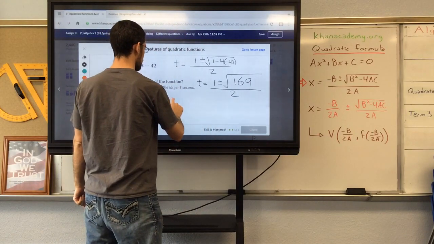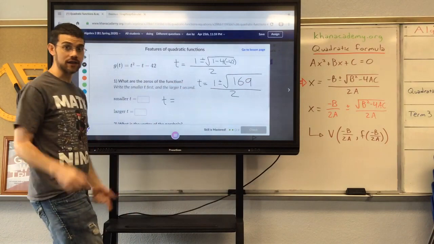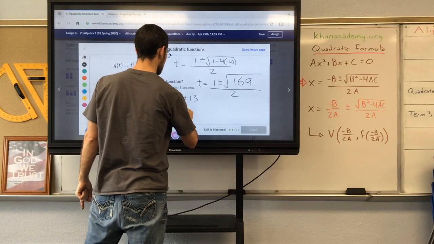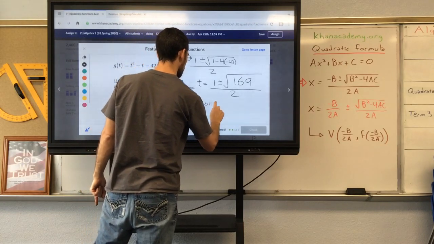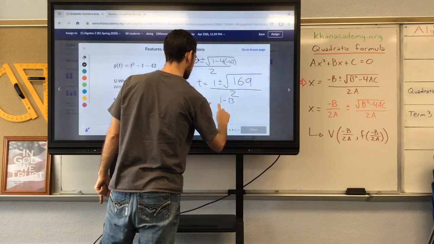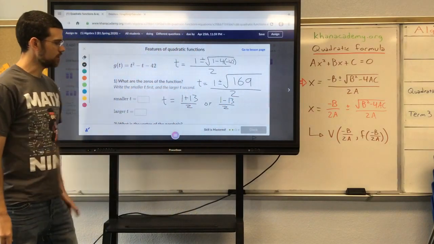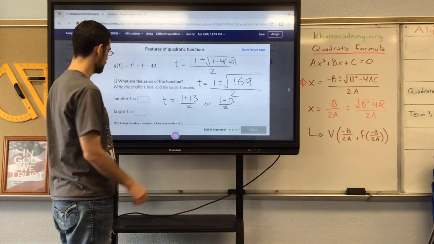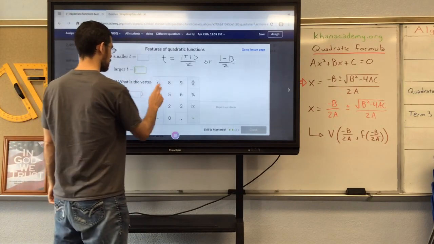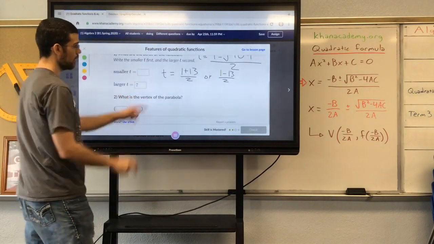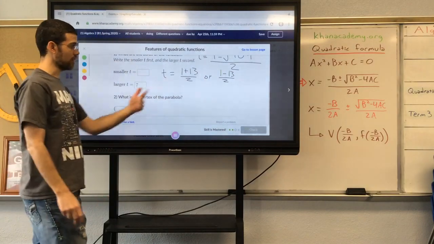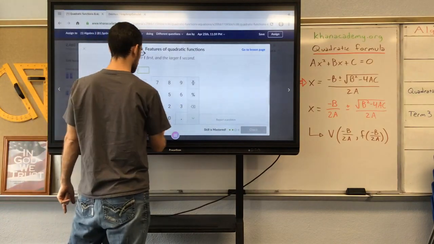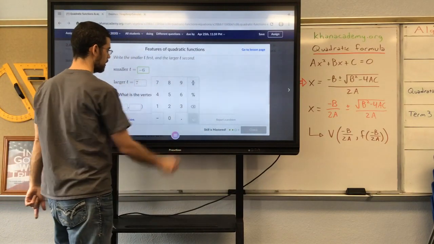Now, the square root of 169 is 13, so 1 plus 13 over 2, or 1 minus 13 over 2. 1 plus 13 is 14, 14 divided by 2 is 7, that'll be the larger one because we've added, so this is 7. And 1 minus 13 is negative 12, negative 12 divided by 2 is negative 6. So that's our smaller value.